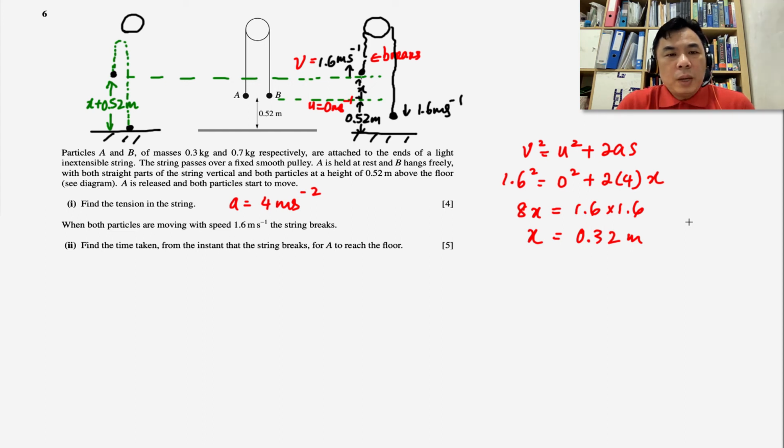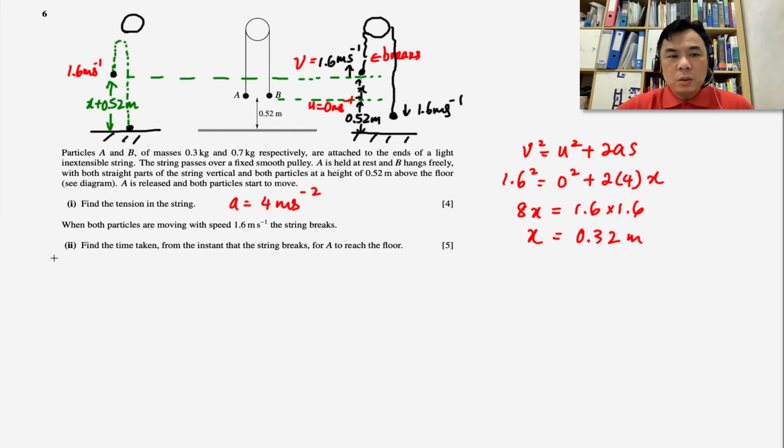Now, what we are interested to find out is the duration of time from the moment when the string starts to break at the speed of 1.6 meters per second until it reaches the ground again. Of course, there are many ways to do it, but the most effective way is also using the SUVAT equation.